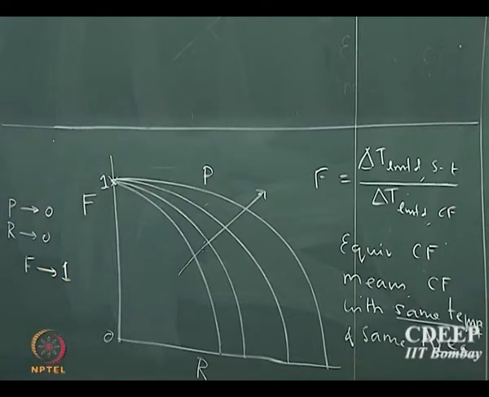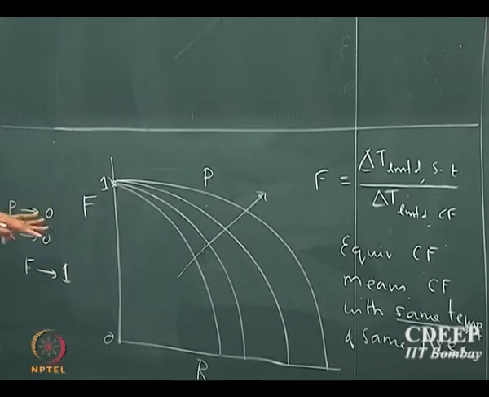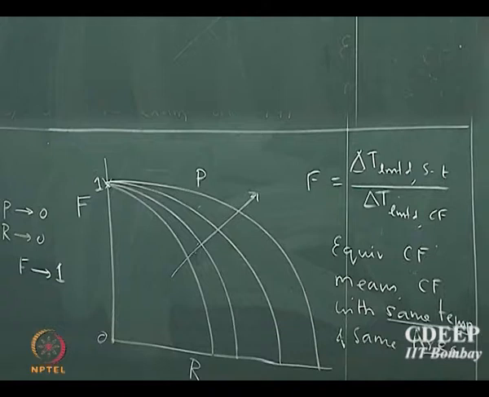Which means that the limits for shell and tube heat exchanger, in fact this comes from the expression for the delta T LMTD, but what is important from the course point of view is to realize that the upper bound for the delta T LMTD of a shell and tube heat exchanger is that of an equivalent counterflow configuration which has the same temperature and same surface area.